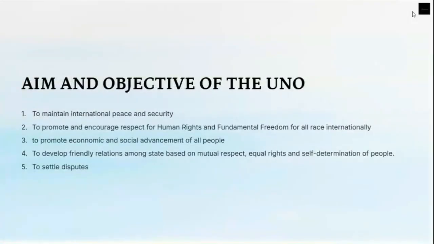Now, what are the aims and objectives of the UN? Now, to maintain international peace and security. International, not only within a particular country, but worldwide.